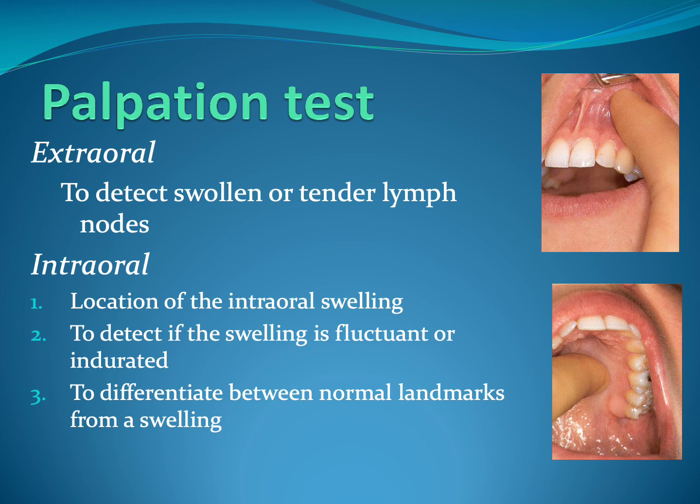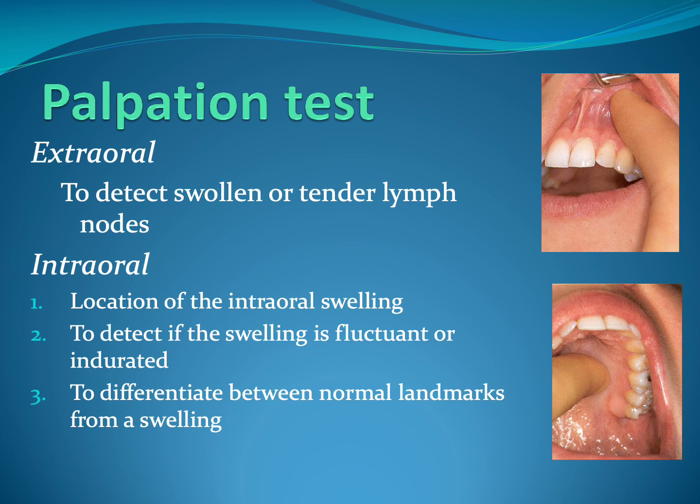What's the difference between the indurated and fluctuant? The indurated swelling means that the swelling is under bone. When we make a palpation, we will feel a hard bony swelling. That means that the abscess or pus just expanded the bone, and the swelling is under the bone. In this case, we say we have an indurated swelling, a hard bony swelling.